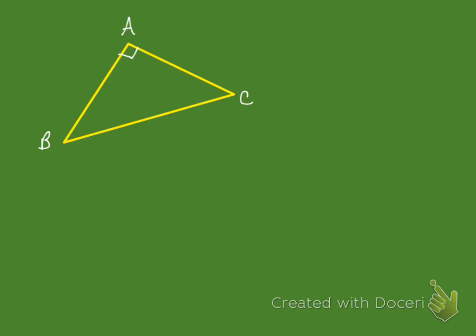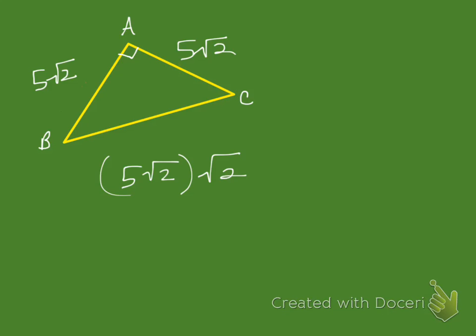Okay, what happens if I have a number like 5 square roots of 2 and 5 square roots of 2? Well, based on what we know, in order to get the shortcut, we should have 5 square roots of 2 times square root of 2, right? Because earlier when we had 6 and 6, it would have been 6 square roots of 2.